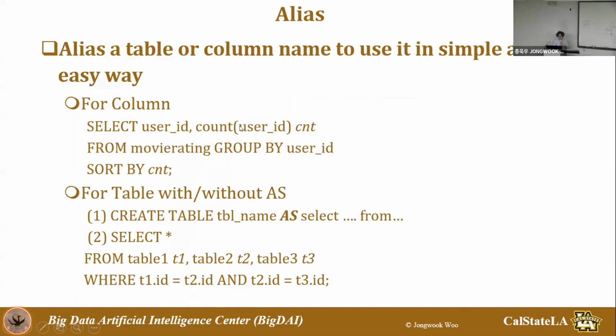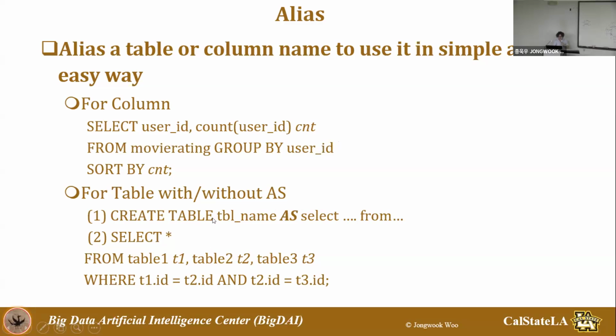For example, there is a movie rating table, and you read this column user ID, but you want to calculate the entire user ID records using the count function, and then you can alias it as count. If you want, you can insert AS like an alias. Same for the table name.